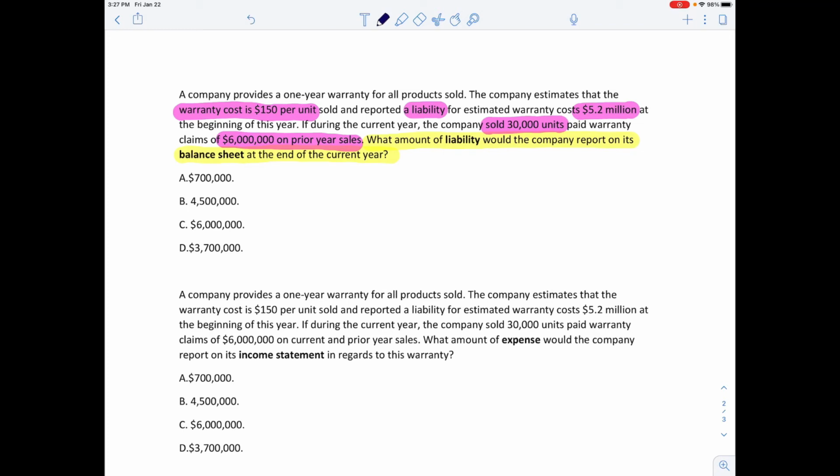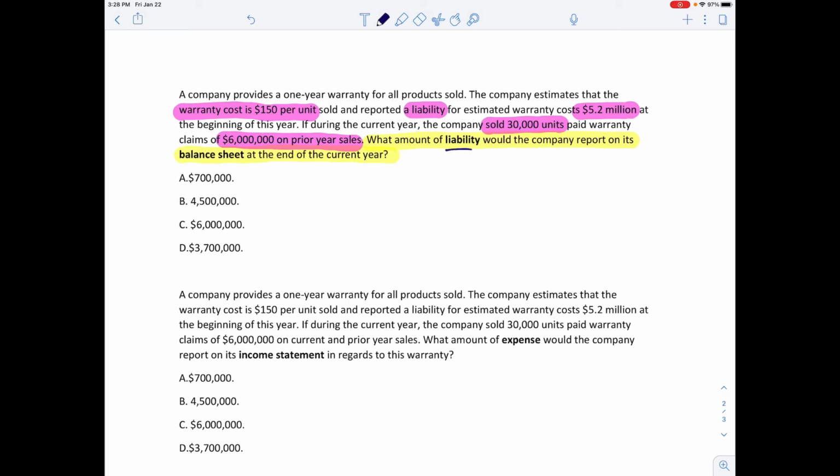First, let's walk through what those journal entries look like. Because this is a test and we're trying to limit the amount of time it takes to do these problems, we don't really need to worry about the sales and recording those other details. What we really want to focus on is this liability piece of it. So first thing, whenever we make a sale, we want to make sure that the expense is recorded for that warranty in the same period as that sale.